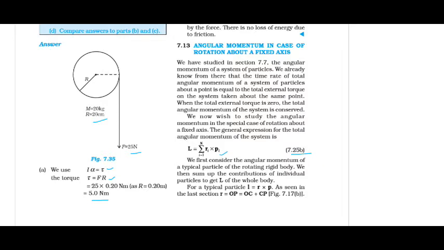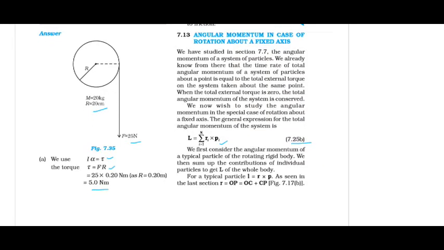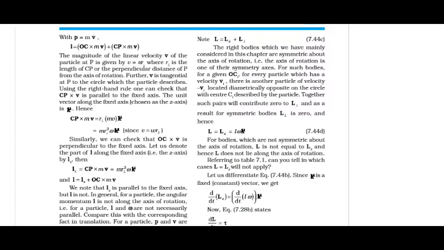We have already done this in the previous classes. Here p is equal to m v. So l is equal to OC cross m v plus CP cross m v. The magnitude of the linear velocity v of a particle at P is given by v is equal to omega r perpendicular, where r perpendicular is the length of CP, or the perpendicular distance of P from the axis of rotation.